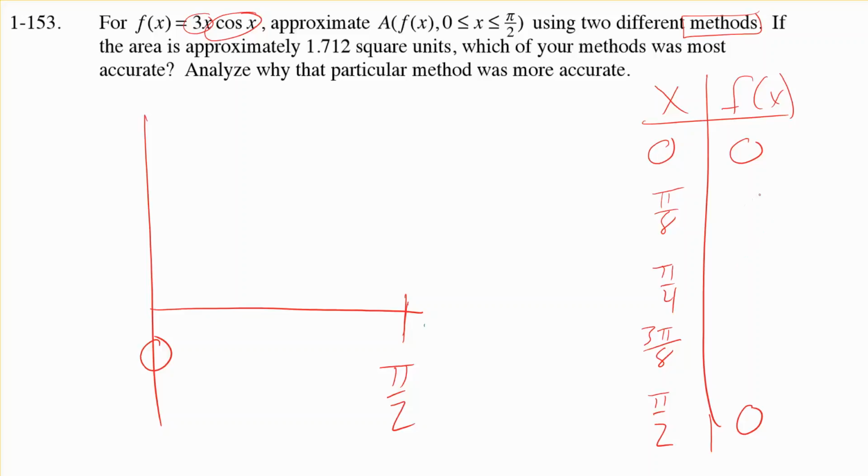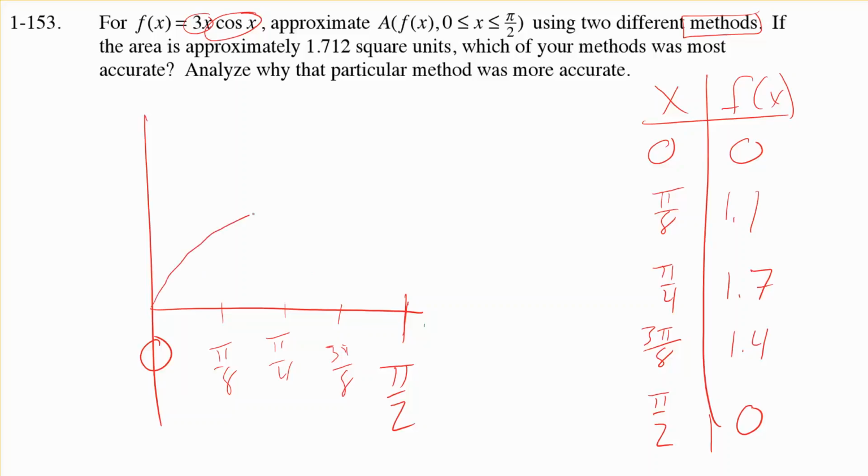In my table at pi over 8, I think I get 1.1, let's round up, 1.7, and then looks like 1.4, and then back down to 0. So something along the lines of pi over 8, 3 pi over 8.